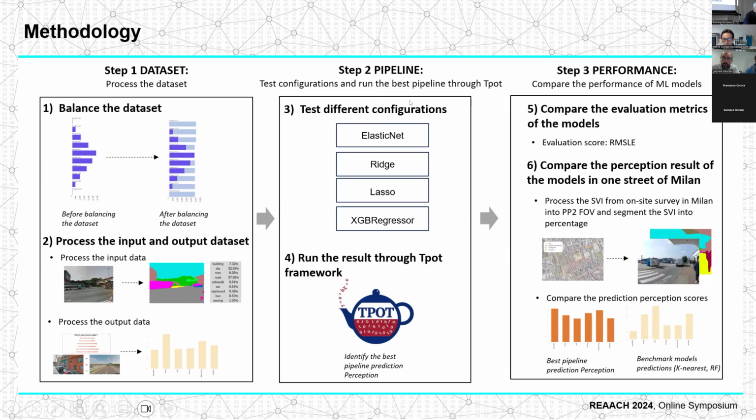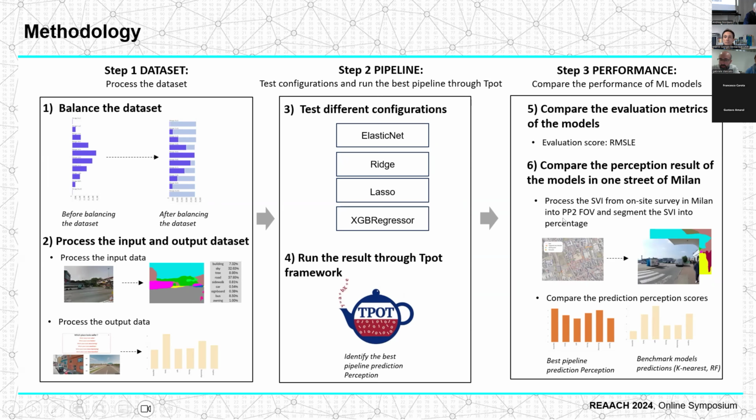The second step was to compare 4 different algorithms using the T-pot framework for identifying the best option among them.